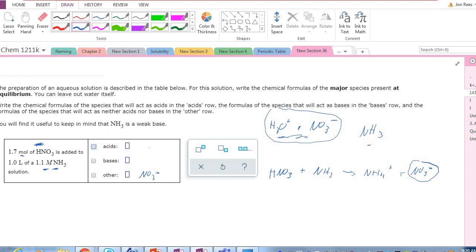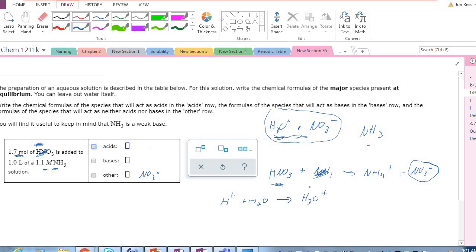Notice how our acid is in excess right here, so there's going to be much more of it. All of the ammonia is going to be consumed, and we're going to be left with this excess HNO3. We already did the chemistry up there, but it's important to know that the H plus is going to react with water to give you H3O plus.